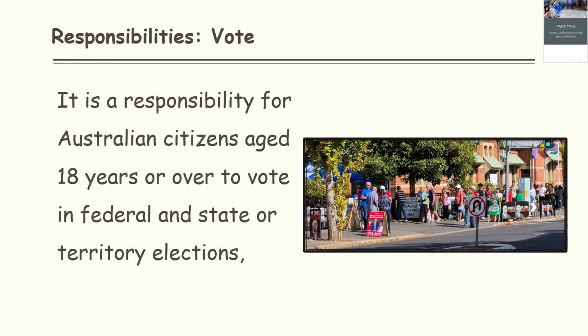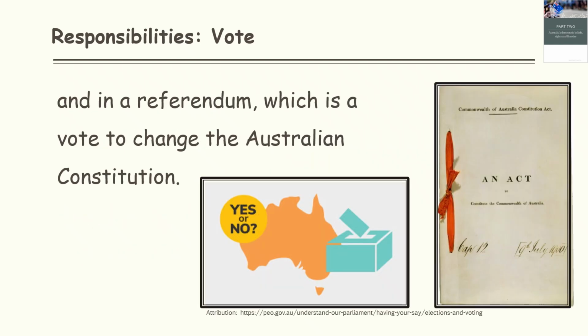It is a responsibility to vote in federal and state or territory elections, and in a referendum, which is a vote to change the Australian Constitution. The Australian Constitution is a rule book for Australia. It contains Australia's laws.